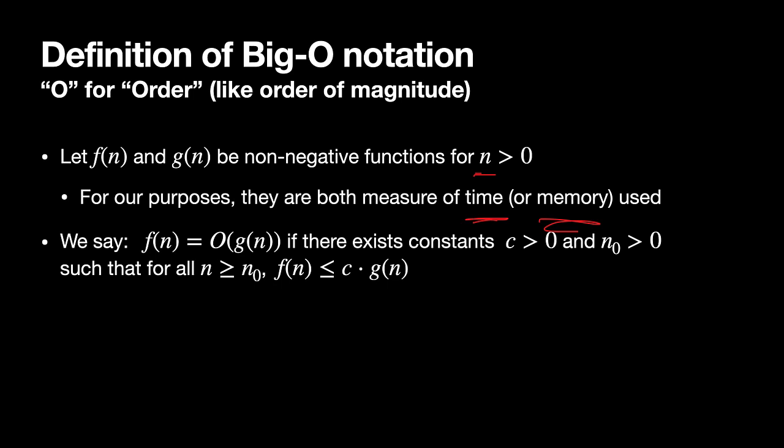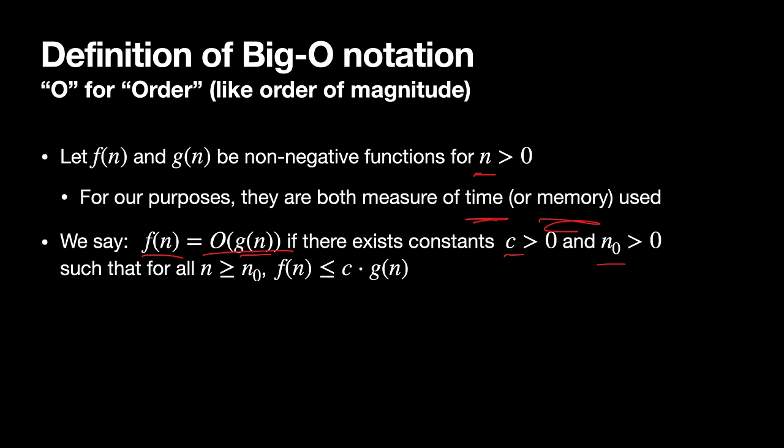So we'll say that a function f is in the big O of g of n if there exist constants such that c is greater than 0 and n0 is greater than 0, such that for all n's greater than n0, oh gosh, this is kind of confusing. So let's look at this graphically. But kind of the important things to note here are that we're trying to establish some relationship between two different functions. And we've got two different constants that we're worried about that help us kind of establish parameters for this relationship between the two functions.